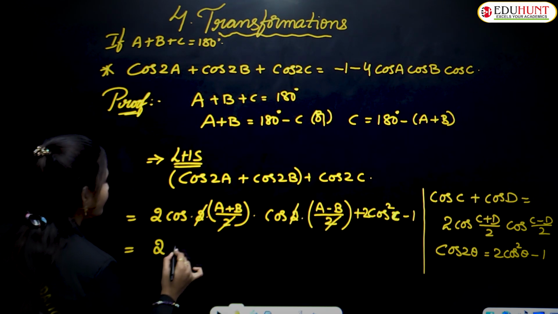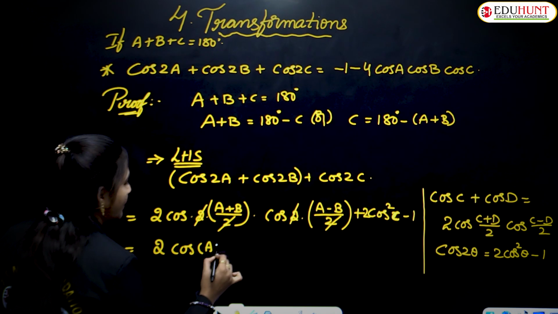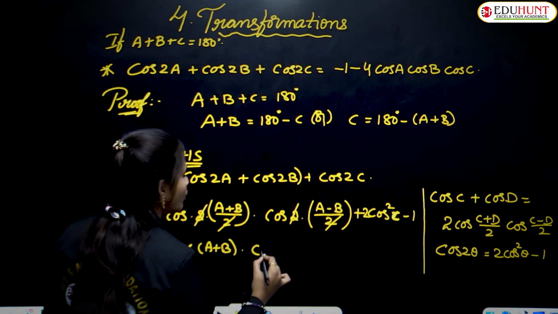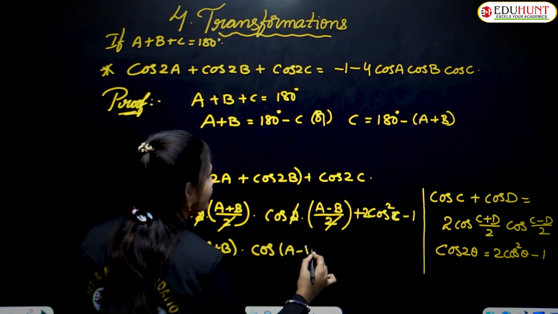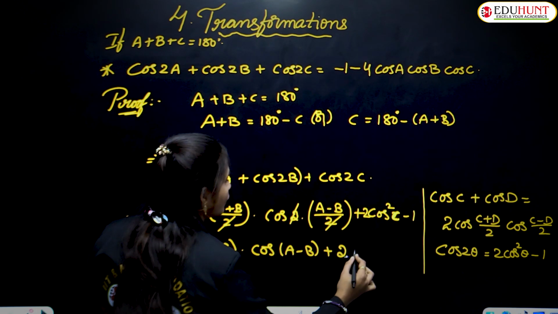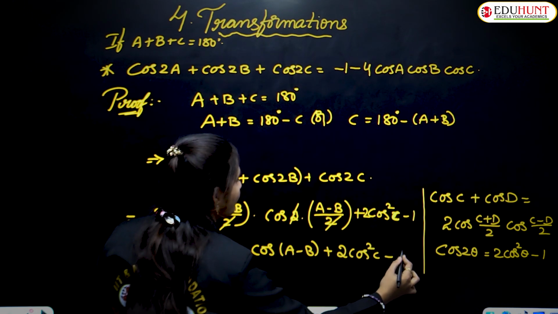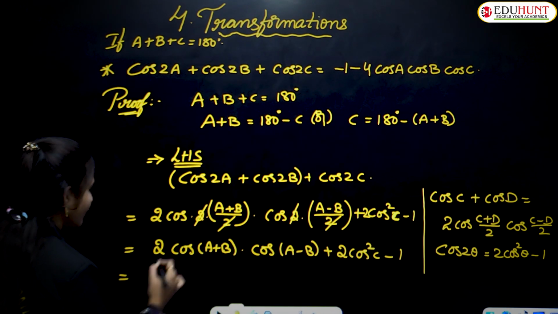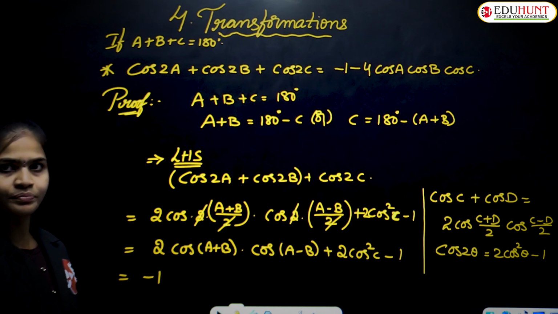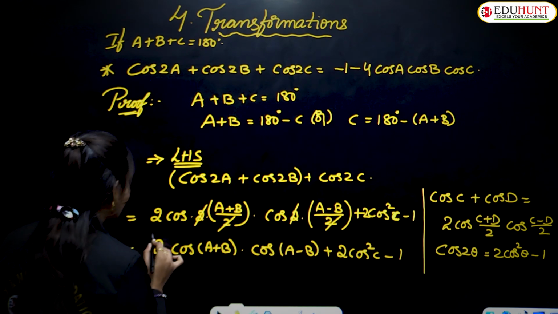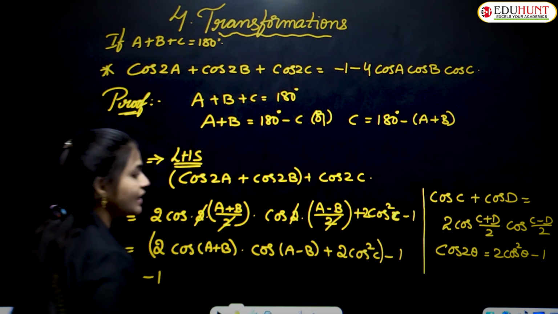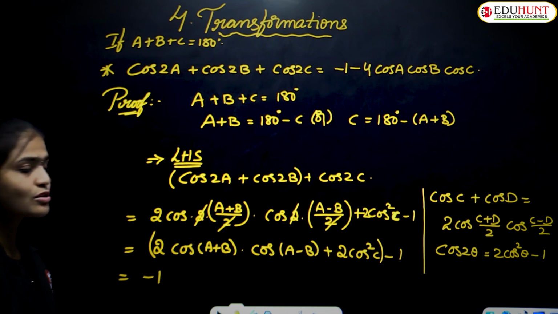So from this, 2 cos of (a plus b) into cos of (a minus b) plus 2 cos square c minus 1. Here first I write minus 1, and from the leftover terms we can take 2 cos c as common.